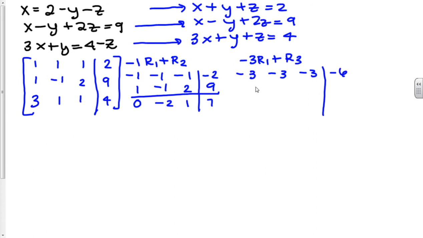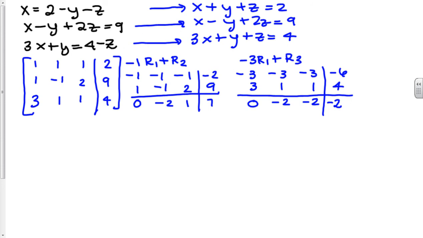I list row 3 right beneath it. 3, 0, 1, 1, 4. Combine them, so negative 3 and positive 3 is 0. Negative 3 plus 1 is negative 2. Negative 3 plus 1 is negative 2. And negative 6 plus 4 is negative 2. So there's my new row 3.